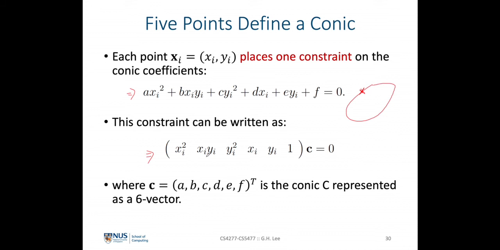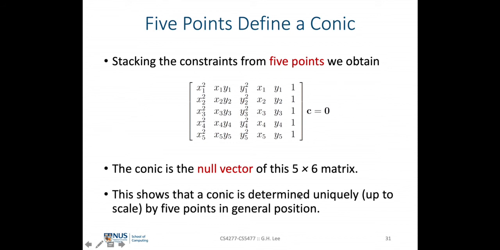So this is equivalent to a dot product of a vector, which will give us 0 over here, where C, this vector C here, is the coefficients of the conic A, B, C, D, and E, represented as a 6 vector here. So we have 6 unknowns inside this 6 vector over here.